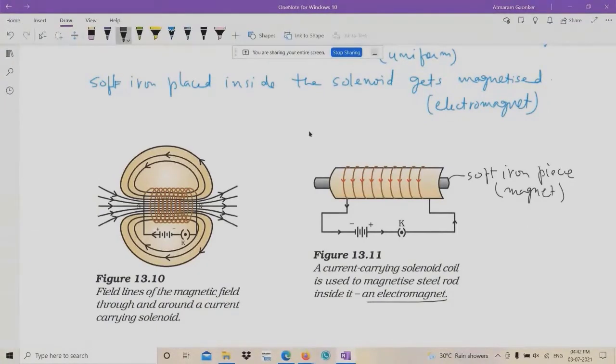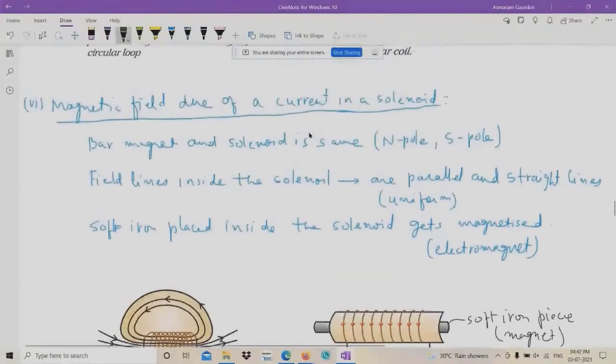Okay, so with this you have to remember only 3 points. Solenoid is nothing but a bar magnet; a bar magnet and a solenoid are the same. It has got a north pole and a south pole. Field lines inside the solenoid are parallel, straight lines, and they are uniform, same as the bar magnet. Soft iron when placed inside the solenoid gets magnetized, and that is called an electromagnet.